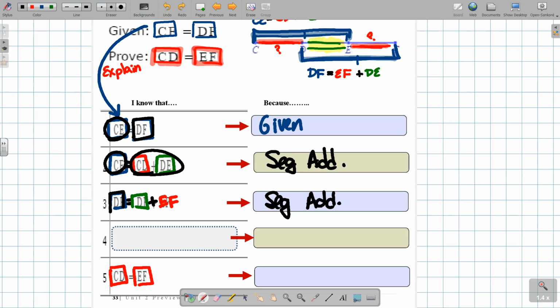Oh, there's DF again. I know DF equals those two added together. So, if these two are equal, then I know that these two must be equal. Let's write it down.